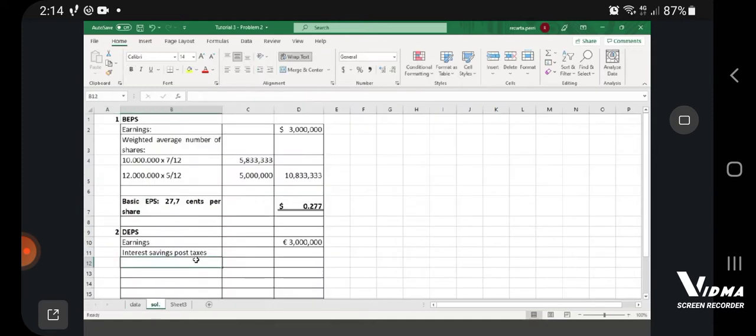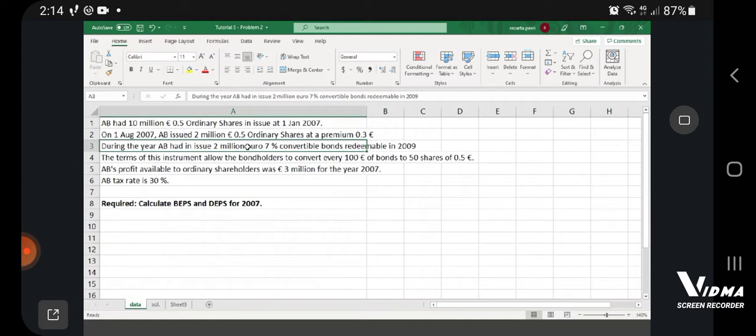That means that the interest savings post-taxes would be interest expenses multiplied by 1 less percentage of taxes. The interest rate is 7% and the bonds are 2 million.